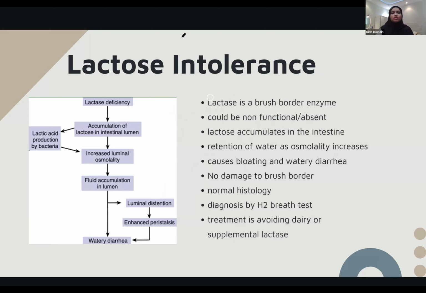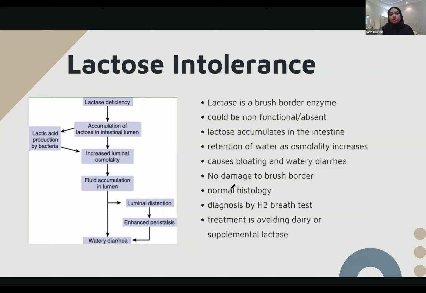We studied it in foundation as well, osmolality. So because the concentration of the substrate is high, substrate being lactose, it drags along water with it, which causes bloating and eventually watery diarrhea. That's why you sit in the bathroom for hours after you eat dairy.